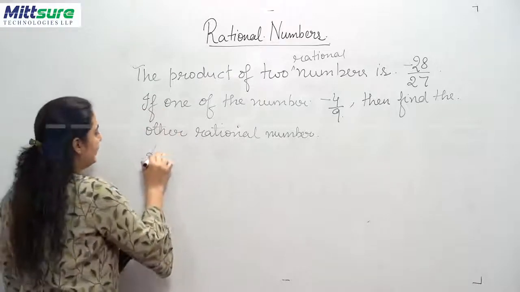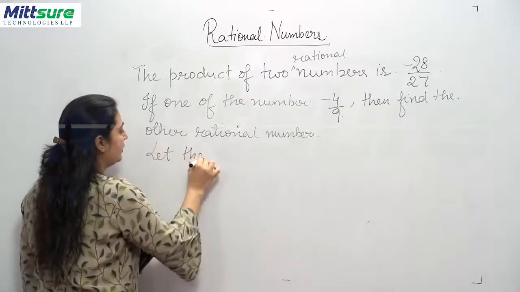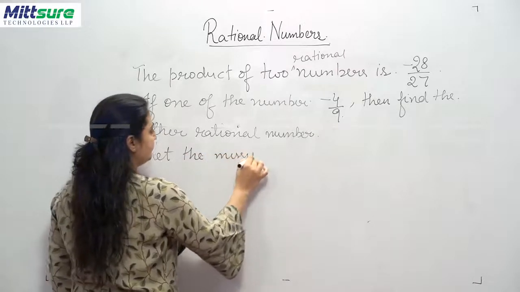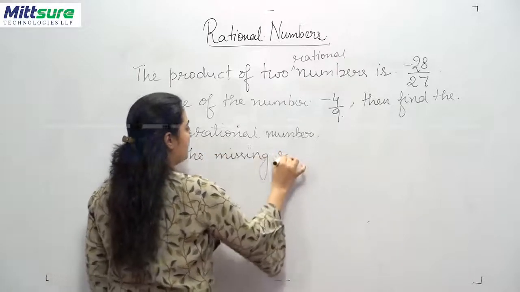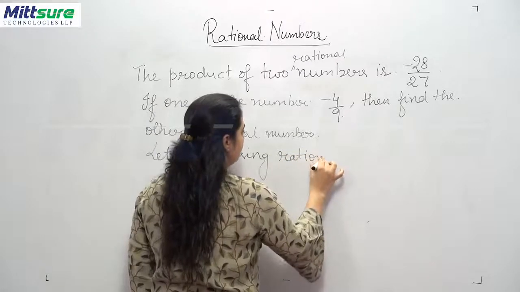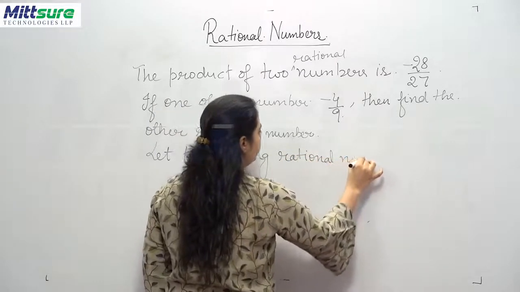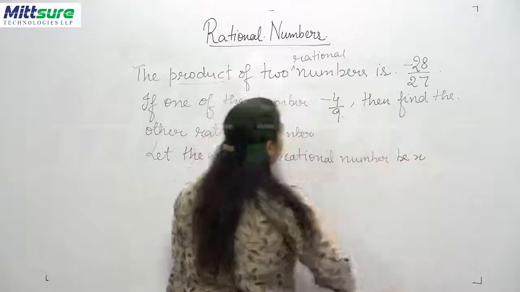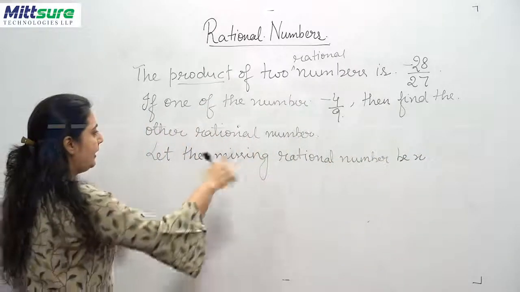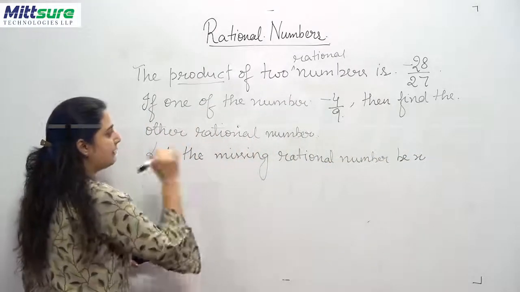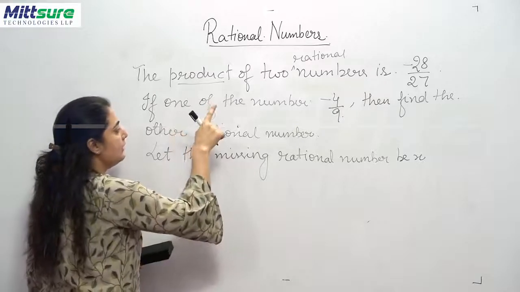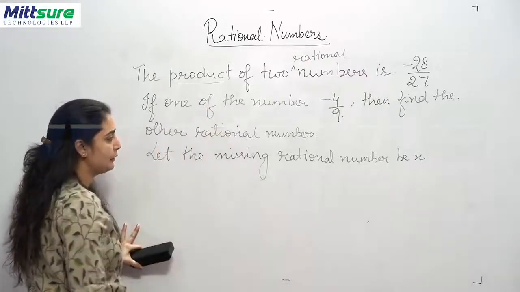So let x be the missing rational number. So x is the missing number which we need to find out in the given question.